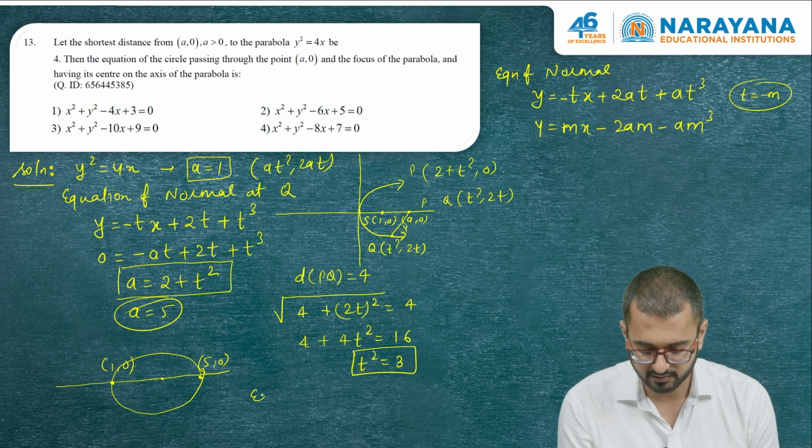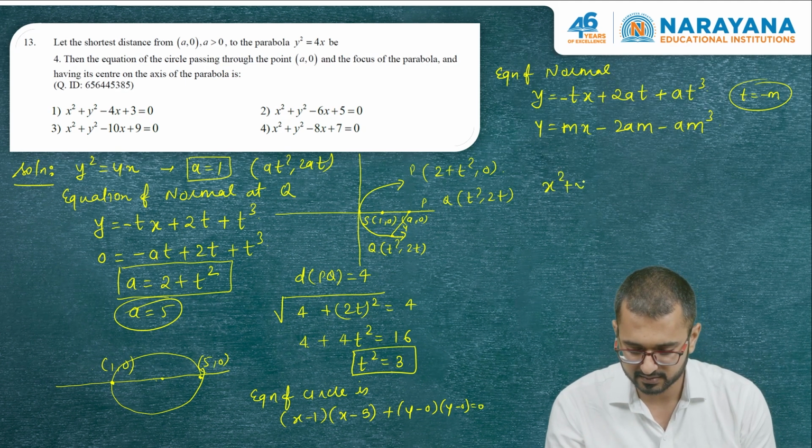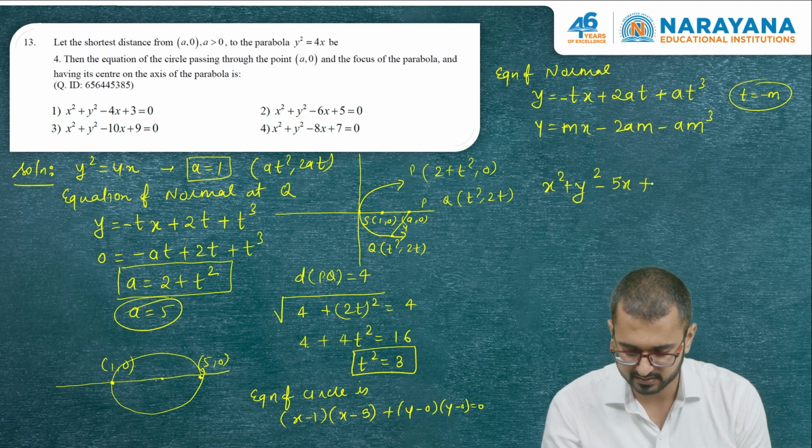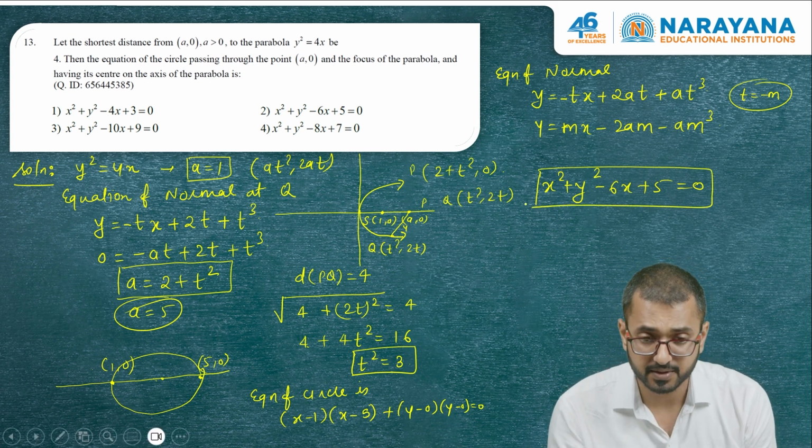So equation of circle would be x minus 1 into x minus 5 plus y minus 0 into y minus 0, both are equal to 0. So from here I'll be getting x square plus y square minus 6x plus 5 is equal to 0. And now this makes our option B correct too.